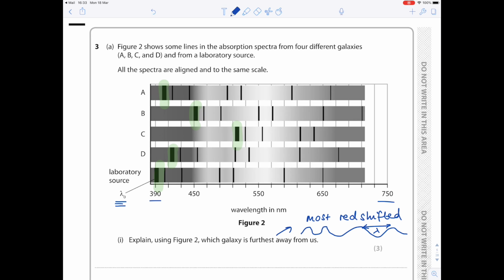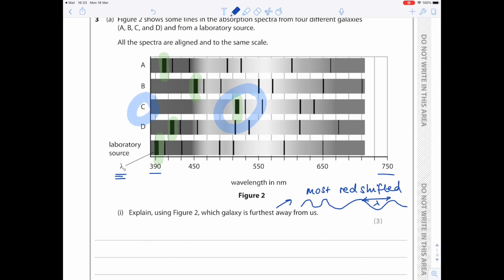So which one is the most redshifted? The longest wavelength you'll find towards the right hand side. It's the furthest right of these lines, which is why this is the answer, C, because it has been the most redshifted, and we're going to write about that now.